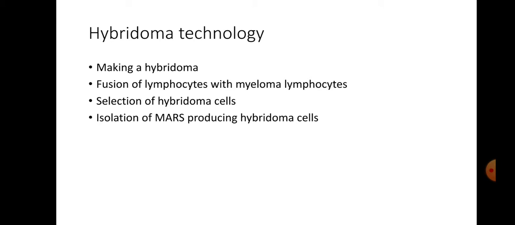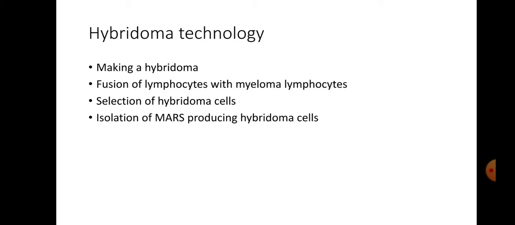The next step in making a hybridoma is selection of myeloma cell lines. One of the most important points deserving attention during monoclonal antibody production is that no myeloma lymphocyte be allowed to fuse with normal lymphocyte unless it meets a condition: the myeloma cell line used must itself not be capable of synthesizing antibody, otherwise hybridoma cell lines will produce a mixture of antibodies. So here there is a clause.